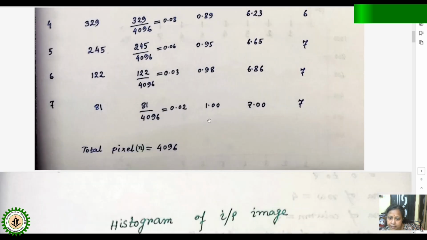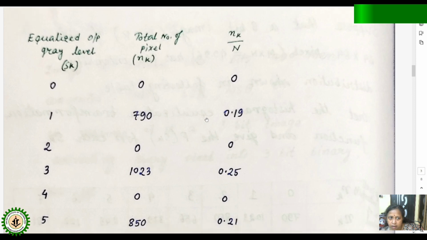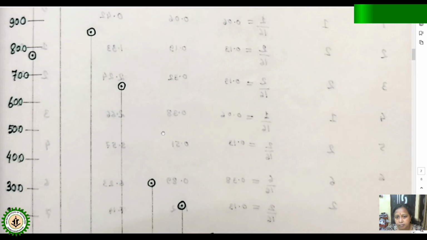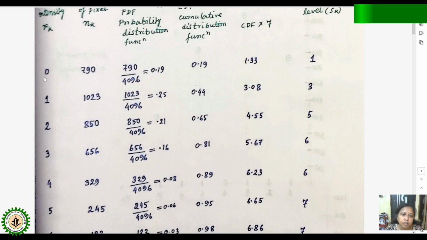Now we have prepared this table. After performing this, now just count. For the input gray level value 0, how many pixels are there? The total number of pixels is 0, because for input gray level 0 the output gray level is 1.